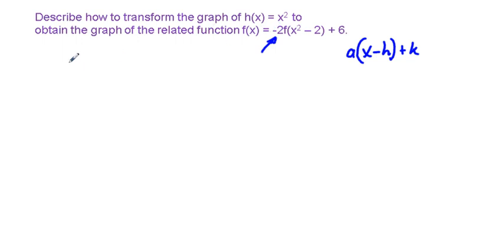So h, which is, let's say h of x, is reflected about the x-axis, or downward, right? So that's one of the transformations.